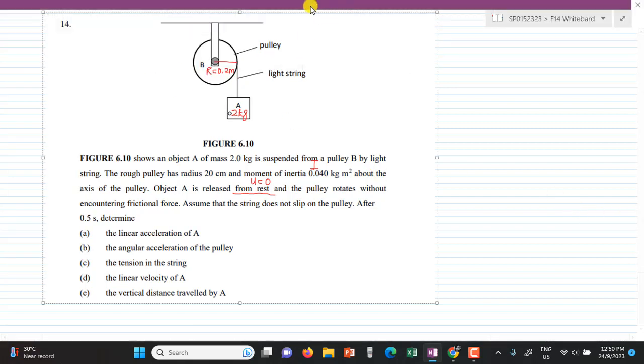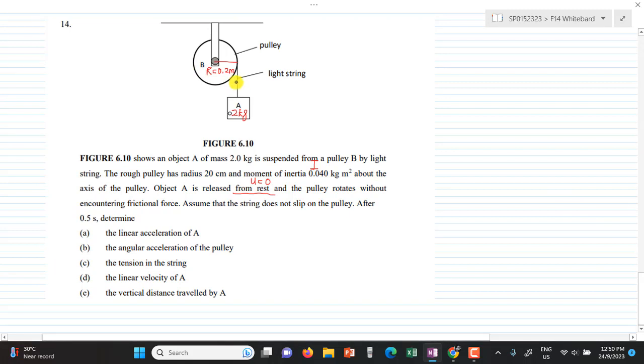The only force acting on the pulley is the tension in the string. The tension in the string will create torque and rotate the pulley. So assume that the string does not slip on the pulley.